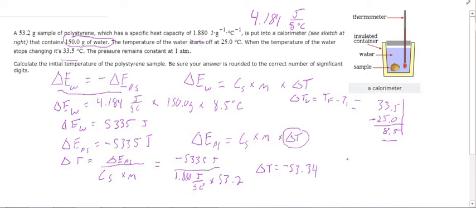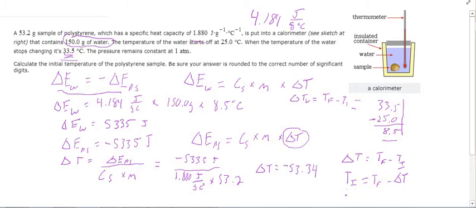53.34. But remember, we're looking for the initial temperature, so the change in temperature is equal to T final minus T initial. So T initial is going to equal T final minus the change in temperature. We know that the final is given up here in the problem. It's going to be 33.5.